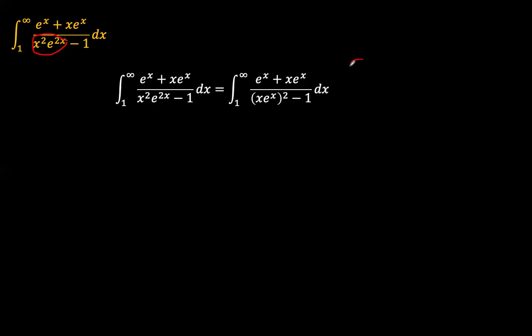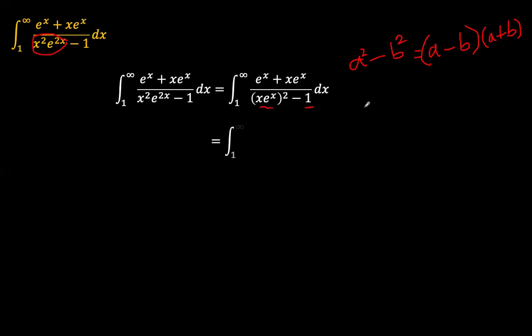And since we know that a squared minus b squared is equal to (a minus b) times (a plus b), right? So this difference of two squares, a squared is this term here, and b squared is 1 squared here.